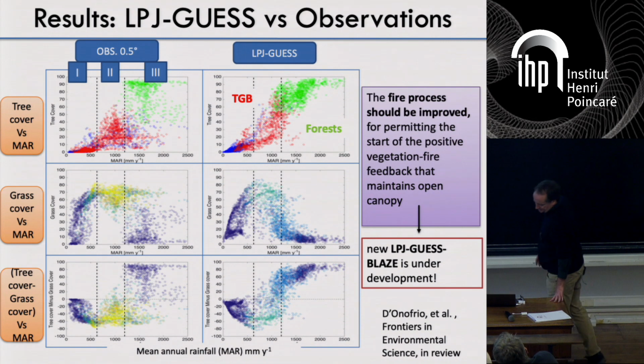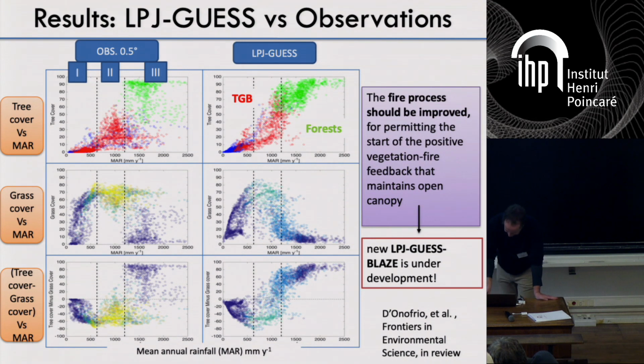I must say that this is a previous version of LPJ-GUESS. There is a new one under development, and we also gave a look at that, but there were other issues there. So this is not the place to discuss those.